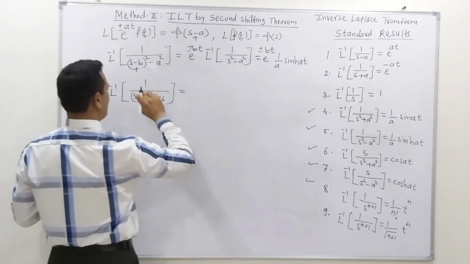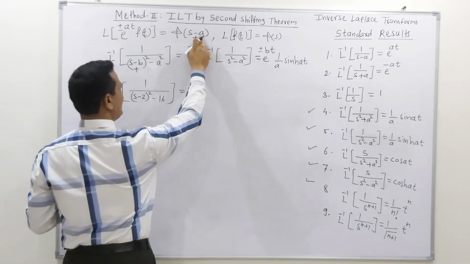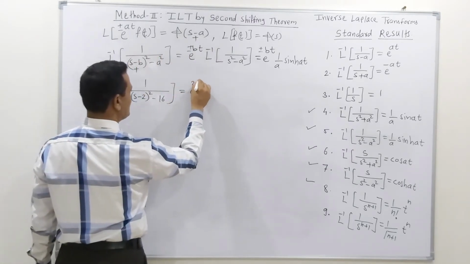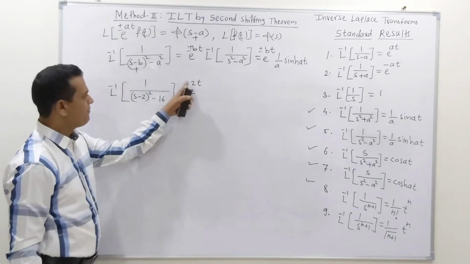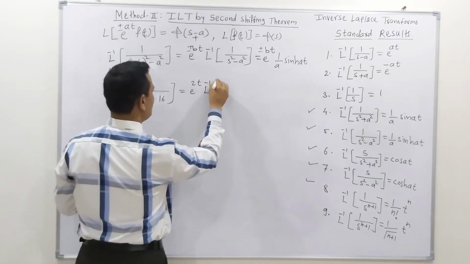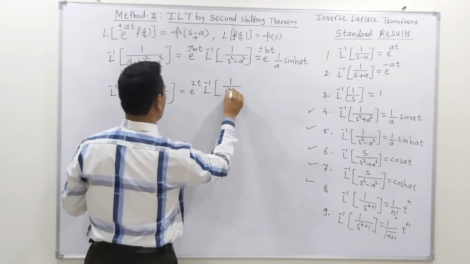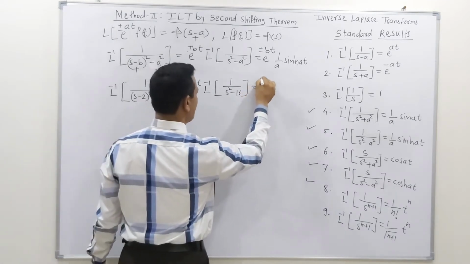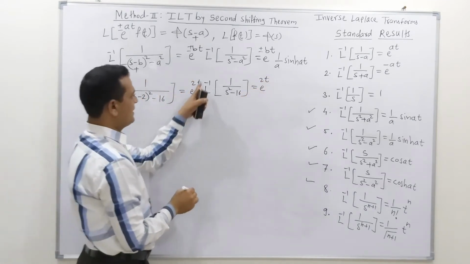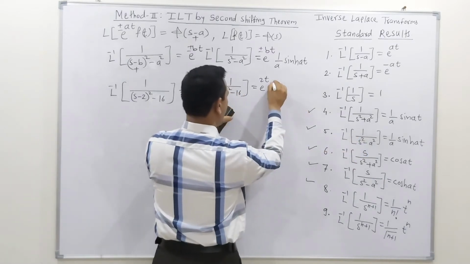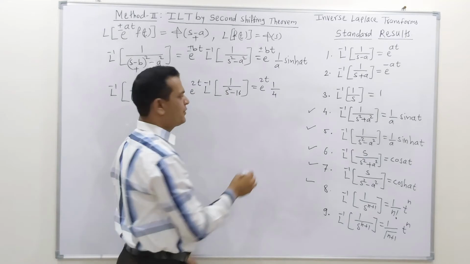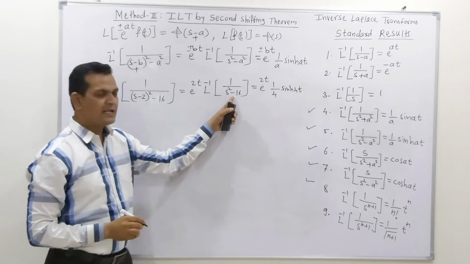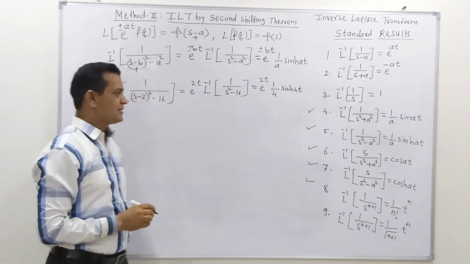According to the second shifting theorem, a is subtracted from parameter s, so we can write this as e raised to at, that means e raised to 2t, because of this minus sign the power is plus, into inverse Laplace transformation of 1 upon s square minus 16. So we can easily write this as e raised to 2t, then the standard result of 1 upon a, which is 1 upon 4 into sinh of 4t. Because of the middle sign minus, we use the hyperbolic sine function concept.